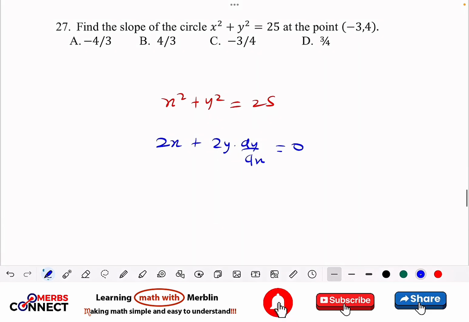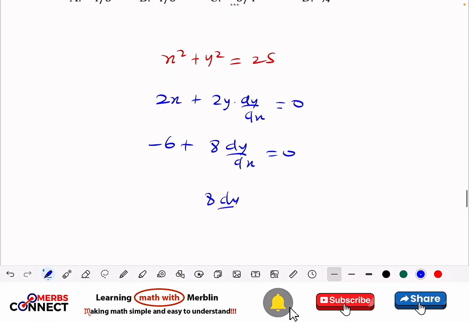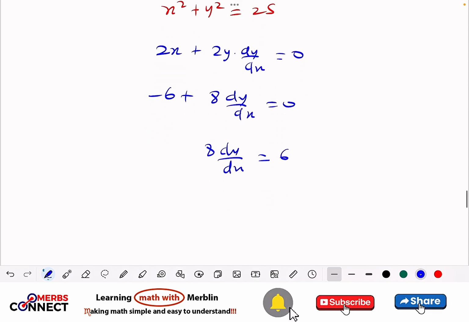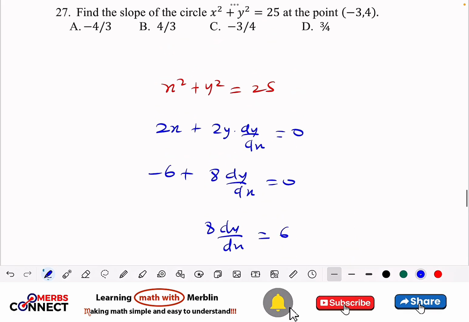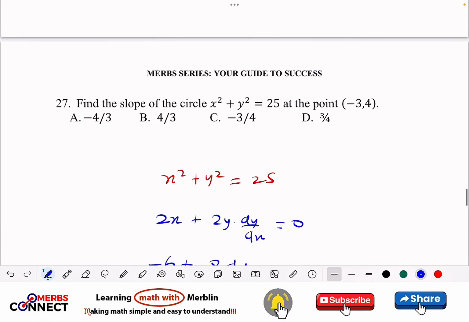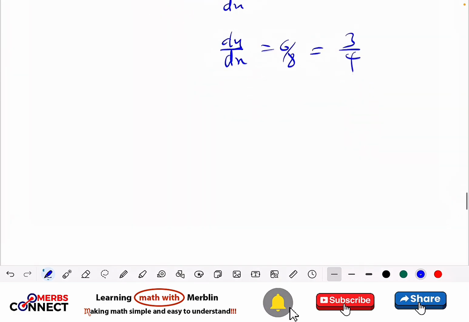Plug in the point: x is minus 3, so minus 3 times 2 gives us minus 6, plus y is 4, so we have 8 dy over dx, and 8 dy over dx is equal to 6. So dy over dx is 6 divided by 8, which is 3 divided by 4.